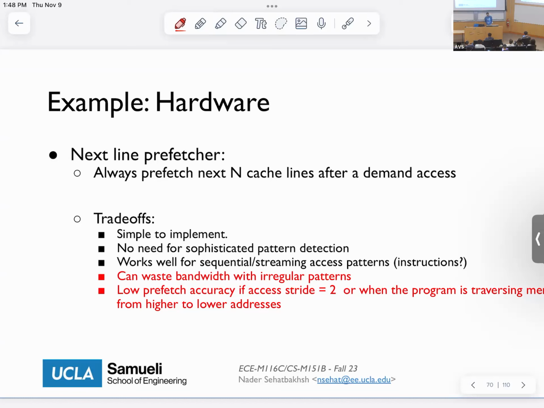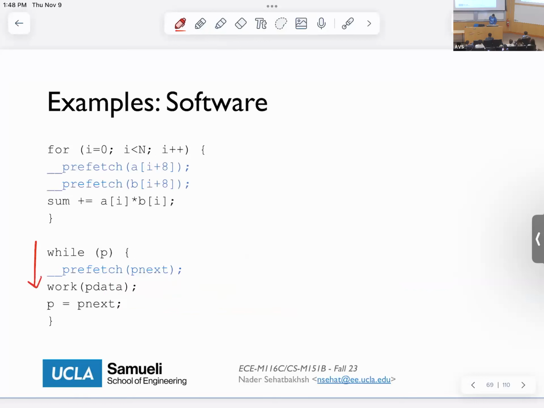The pointer-based prefetching on the previous slide, how would that work? Would it need to first read the address of the pointer and then read that next address for the prefetch? Yes. So we have that address here. In your program, you have that address. You don't have the content, but you know the address, right?